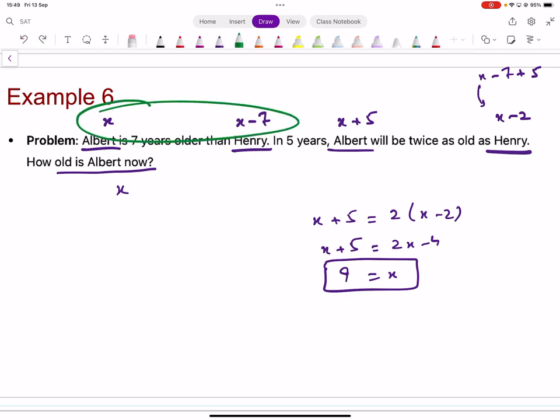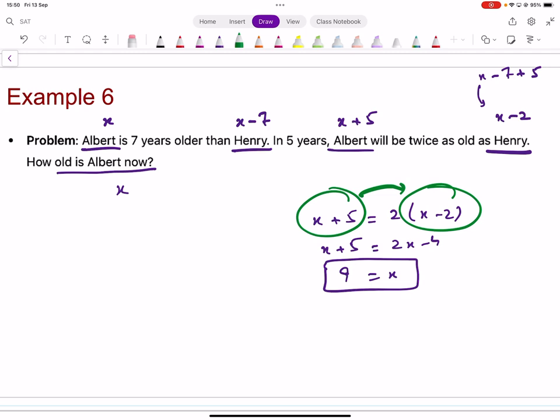Both of them become 5 years older. Right? So Albert becomes X plus 5 years old. And Henry becomes X minus 7 plus 5 years old. That's X minus 2. And then we're given, after 5 years, Albert is twice as old as Henry. So his age is 2 times the age of Henry. That's what gives us an equation. And we get the value of X from this, yes.